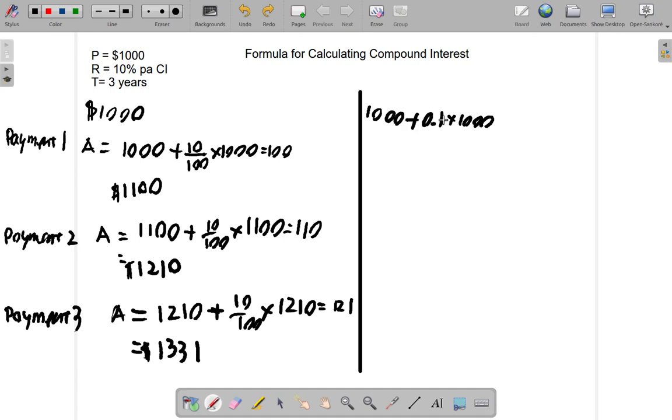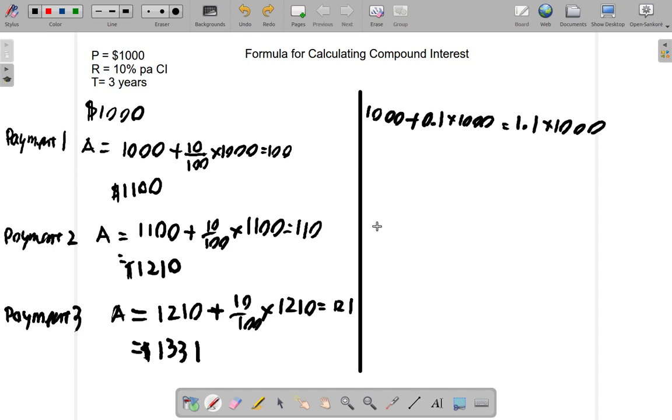But 1,000 plus 0.1 of 1,000 is like saying 1 plus 0.1, which is 1.1 of 1,000. So 1.1 of 1,000 amounts to your 1,100. Nice.